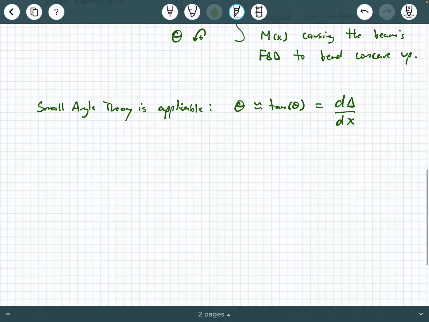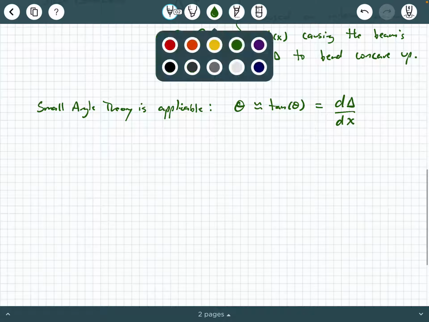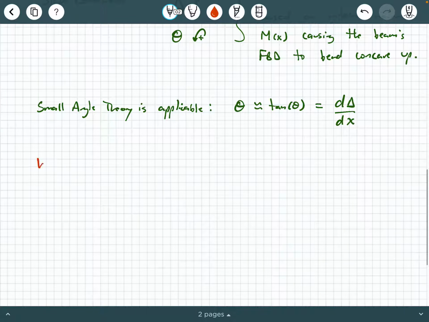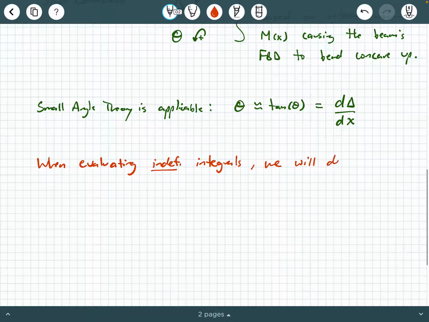Well, you'll pop out an integration constant. So let's make a note of that. We're going to say when evaluating indefinite integrals, we will develop integration constants. Okay, that's the plus C whenever you evaluate an indefinite integral.